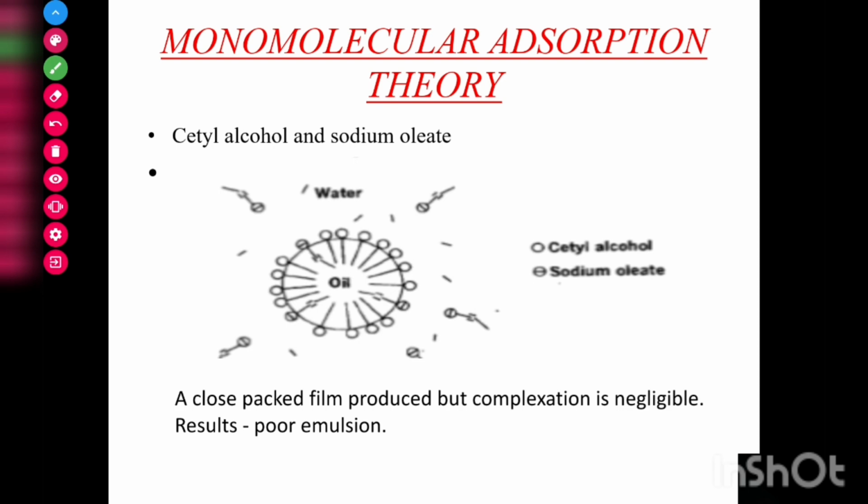I conclude that according to this theory, the surface active agents get adsorbed at the oil-water interface and produce a complex film around the globules. This film acts as a mechanical barrier to coalescence and provides protection or stability to the emulsion.